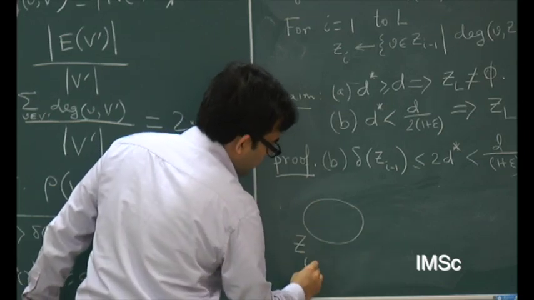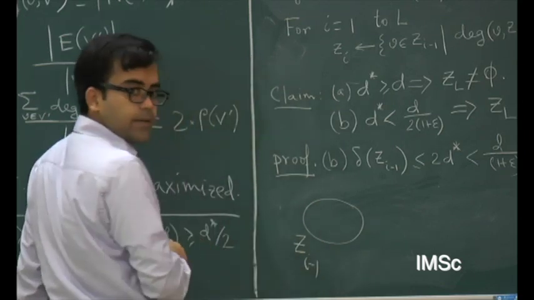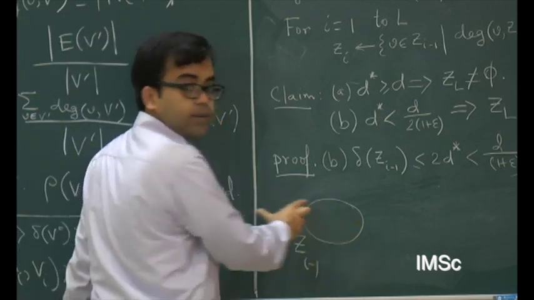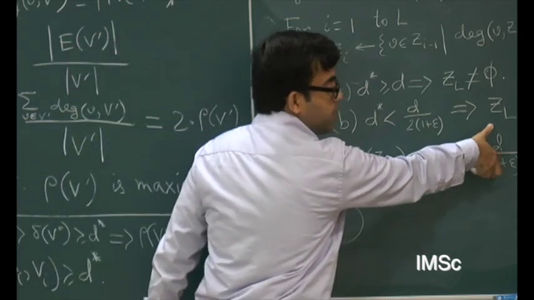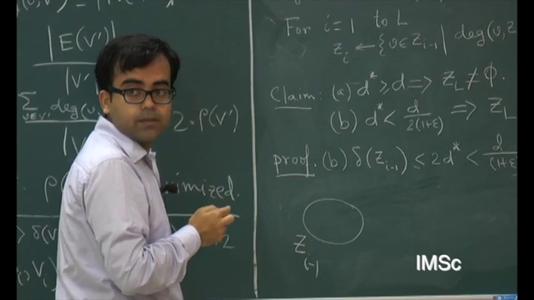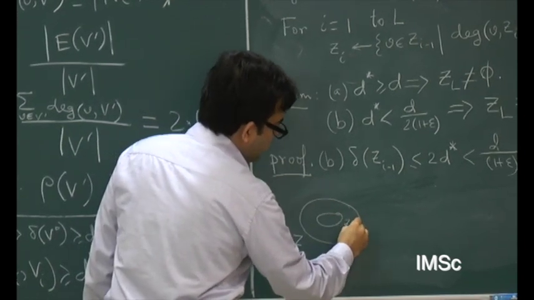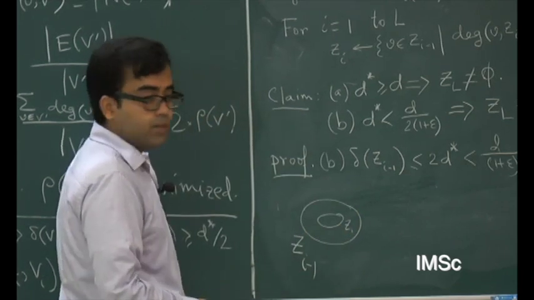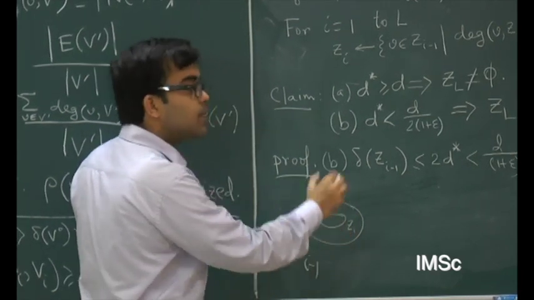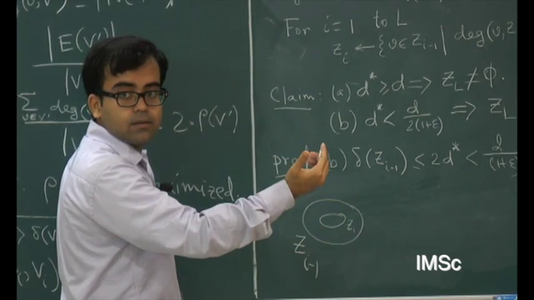Before delving into the calculation, here is Zi minus 1, and we know that the average degree in Zi minus 1 is small. It's d over 1 plus epsilon. And here is Zi. We know that the average degree in Zi is large, it's greater than d.